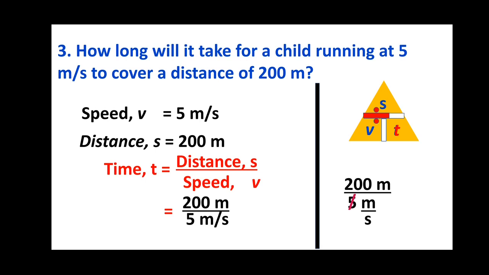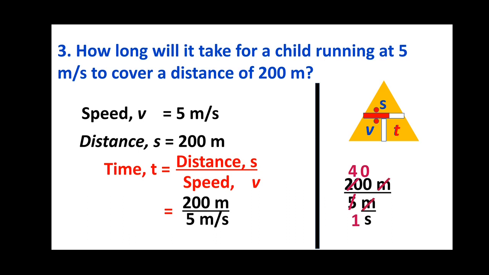How many times? We know that 5 fours are 20, so we will cut 20 and we will write 4. 5 fours are 20 and there is 1 zero remaining there, that zero we will write, thus we will get 40. And this meter in the numerator and the meter in denominator will get cancelled.